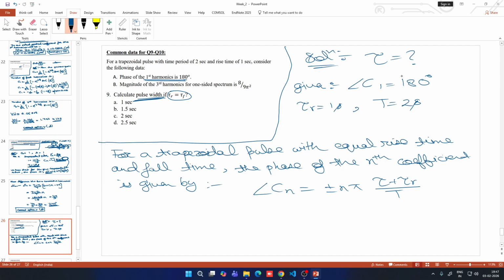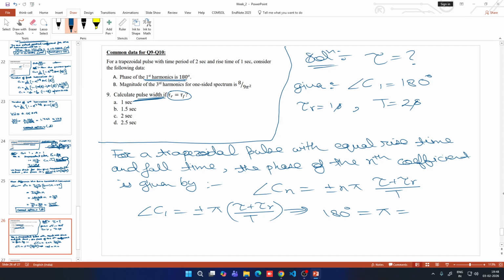So in the problem we already know what angle C1 is, and the C1 formula will be plus minus pi into (tau plus tau r) by T. Since we know C1 is 180 degrees, instead of writing it in degrees we can write it in radians, because everything else is in pi terms.